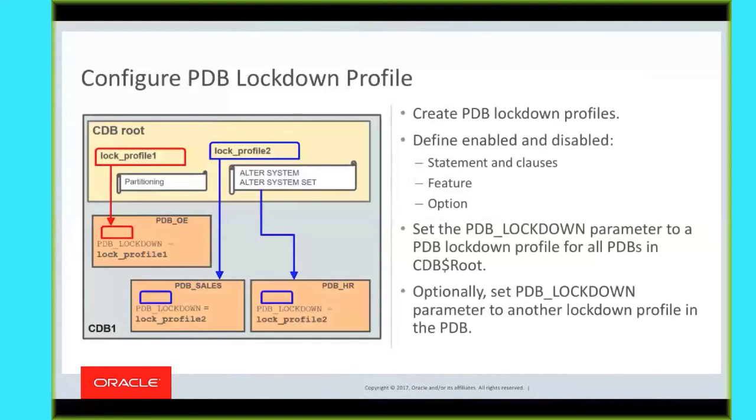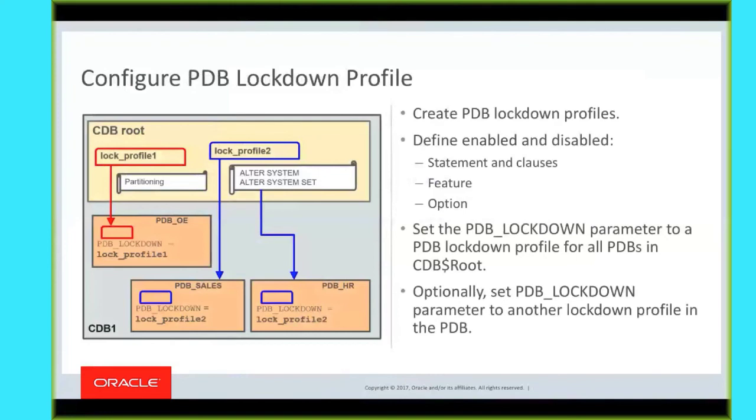But if you go to an application container, the application root, and then set this lockdown profile. I don't know if you're already familiar with application containers, but it's a new concept that we introduced in 12.2. Basically it allows you to have a concept of application PDBs. These are PDBs that share pretty much the same schema, some application schema, but with different characteristics.